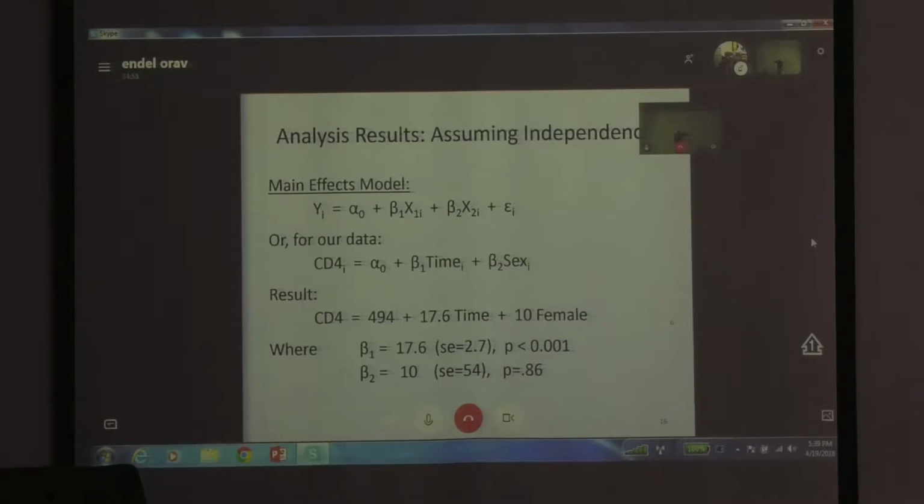And when I ran this as an ordinary regression, this is the result that came out. The intercept, the alpha, is 494.